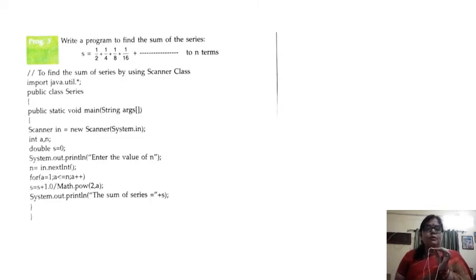The first program is 1 plus 1/2 plus 1/4 plus 1/8, and like that it will go n number of times. To find the sum of the series, we have to input here the number of times n, and then s. See here, if we look at the series 2, 4, 8, they are all powers of 2, meaning 2 to the power 1, 2 to the power 2, 2 to the power 3, 2 to the power 4, and so on.